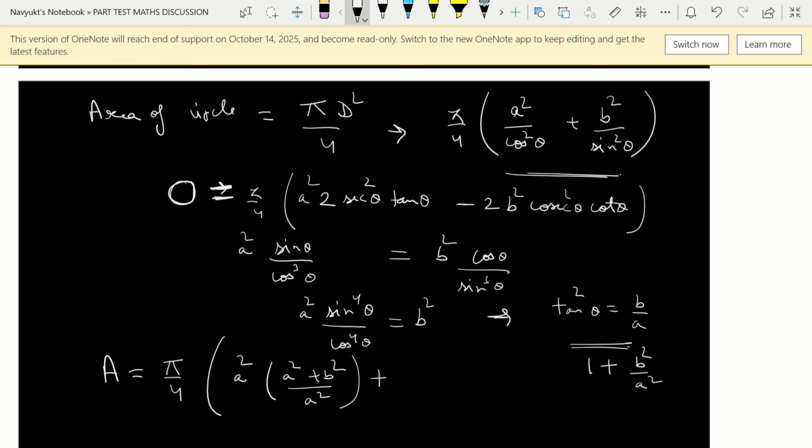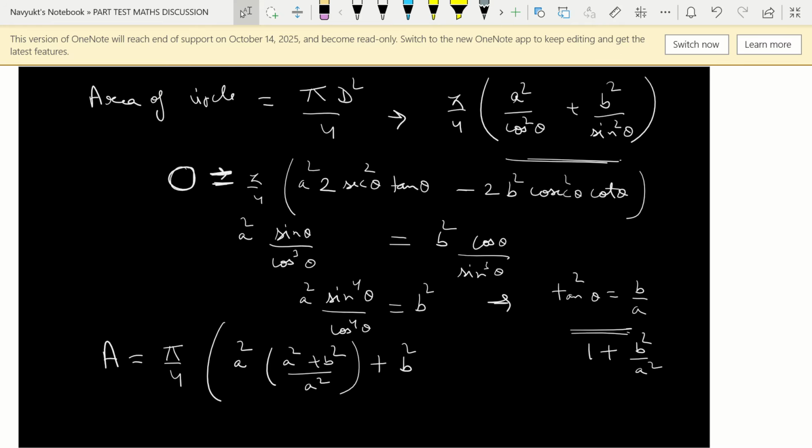Plus, we have b square into cosec square. Now if you have tan square value, can you write cot square value also? Just the reverse of it, a by b, right? And we know that we can write cosec square as 1 plus cot square, right? Sorry, wait, what did I do?